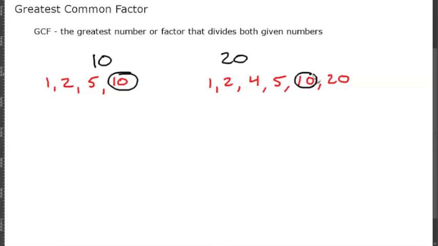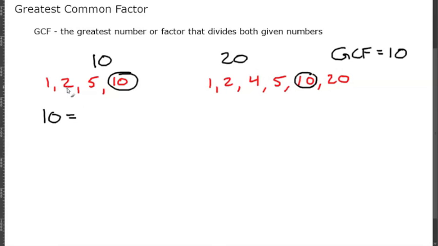And 10 is the greatest number that goes into both, so 10 would be the greatest common factor. So GCF equals 10.